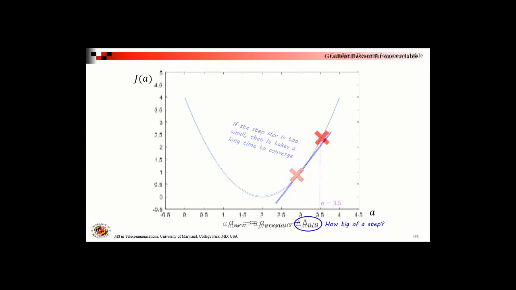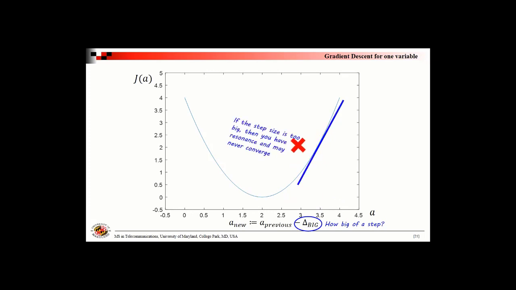If we choose a step size that's really, really small, it will get you to the minimum, but it may take a very large number of computations. In other words, it will not necessarily be an optimal use of your resources if every time you update your A, you take a very tiny step in making the choice of the next A. What happens if I choose a step size that is too big?